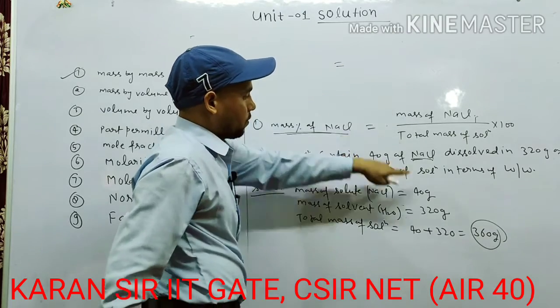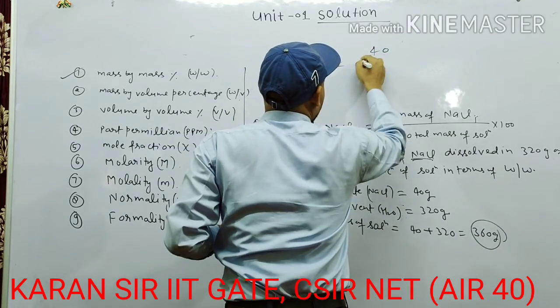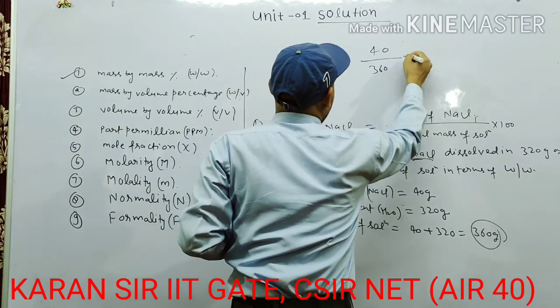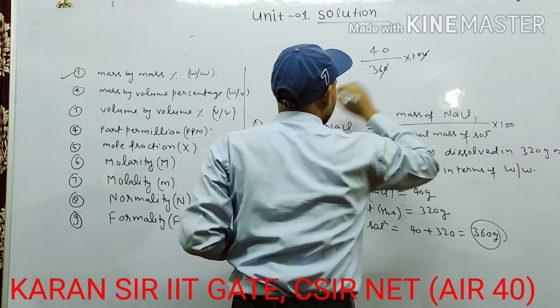Mass of NaCl is 40 gram, total mass of solution is 360 gram. So 40 upon 360 into 100, zeros cancel.